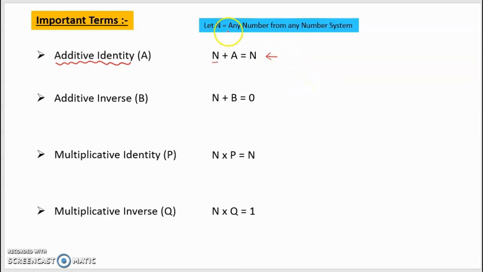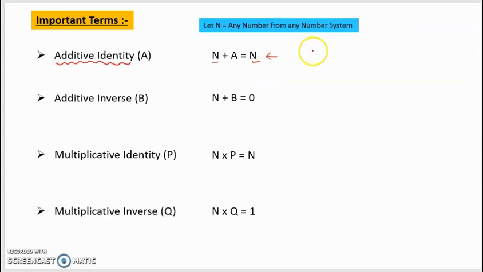For example, let us take n as any number, and a is our additive identity. By definition, if a is added to the number n, the result will be n itself. There won't be any change in n.